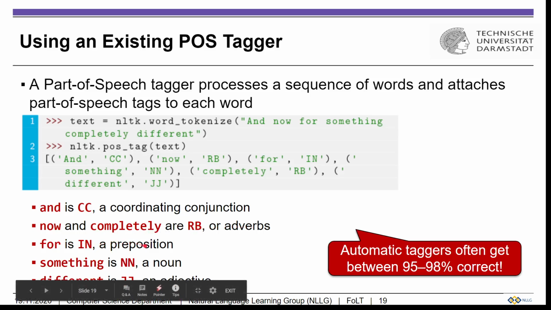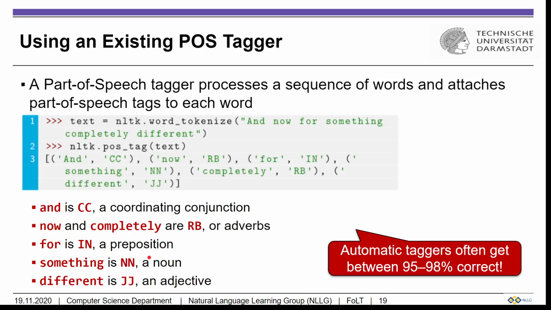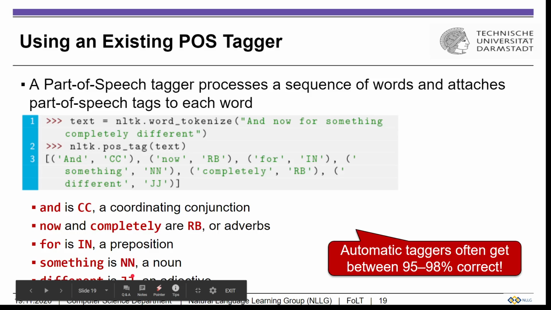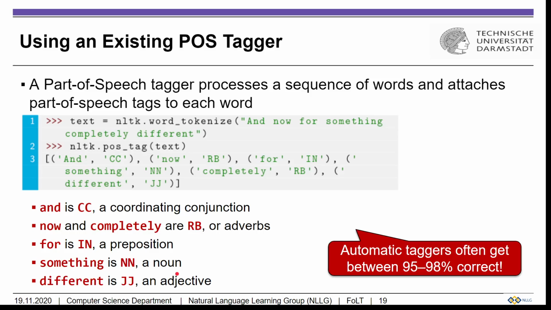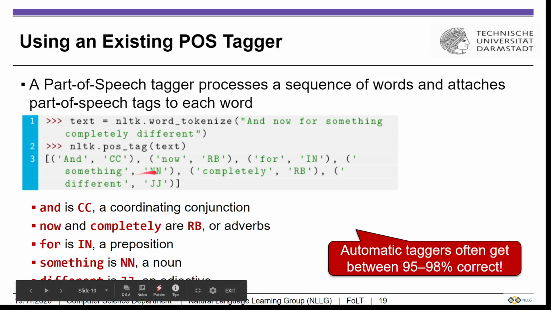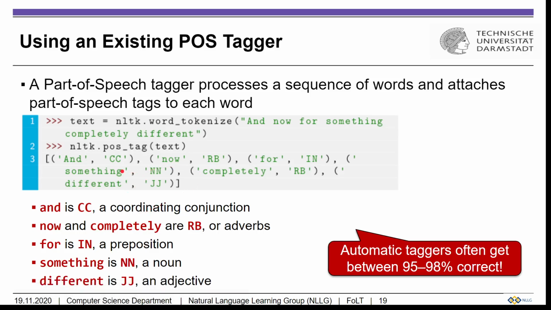For is a preposition which is denoted by IN in this tag set. Something is a noun in this tag set, or for this part of speech tagger. And for example, different is a JJ. That's what we would call an adjective, right? And there are other things here. So we have seen our tokens together with their part of speech labels.